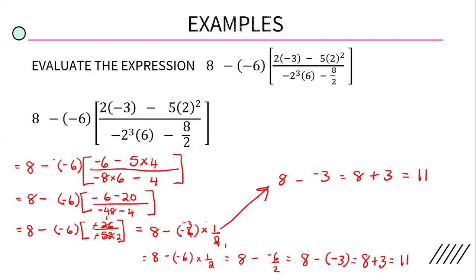I could have changed this immediately to positive 6 and move on. I just opted not to. But again, you could have opted to change the sign here. Negative times negative 6, giving us a positive 6. And proceed.